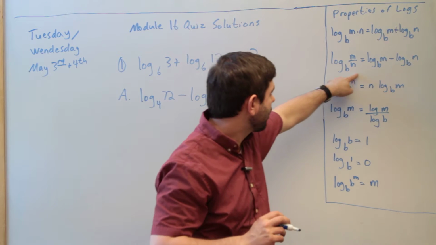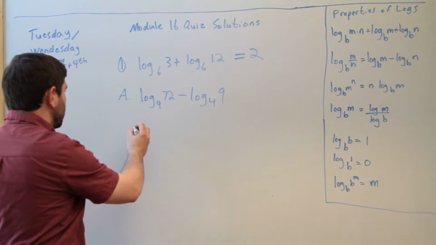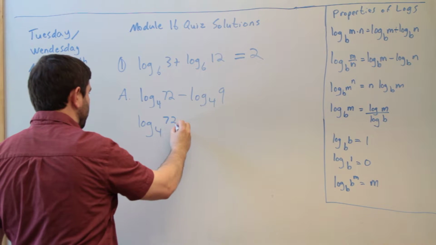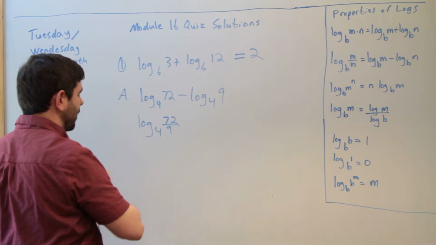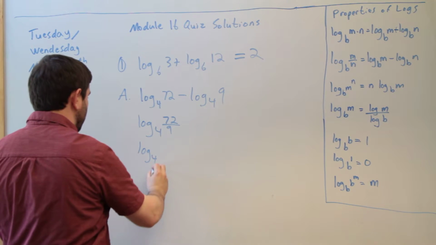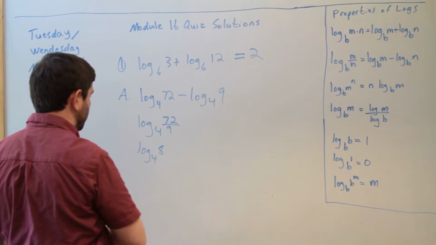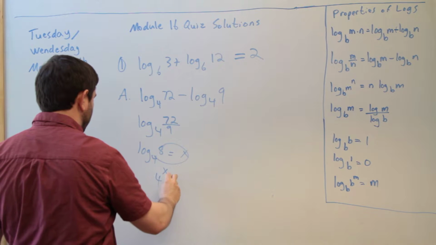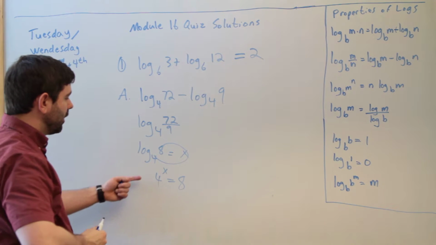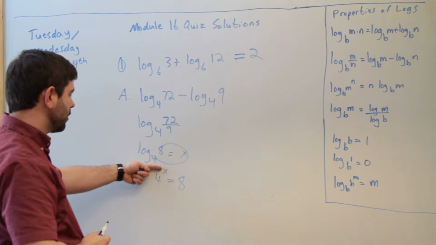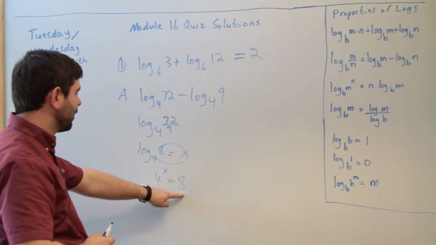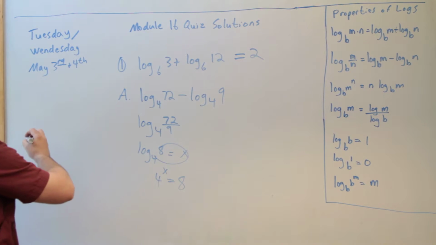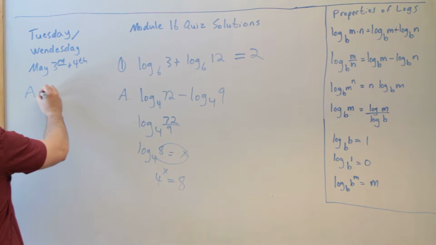It's here, our quotient property. So log base 4 of 72 divided by 9 equals log base 4 of 8. Spiral it out: 4 to the power of x equals 8. Well, is x 2? If x was 2, 4 squared would be 16. So this is not an equivalent expression. So A is no.